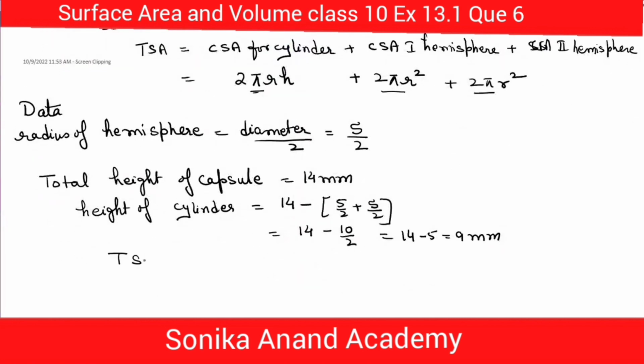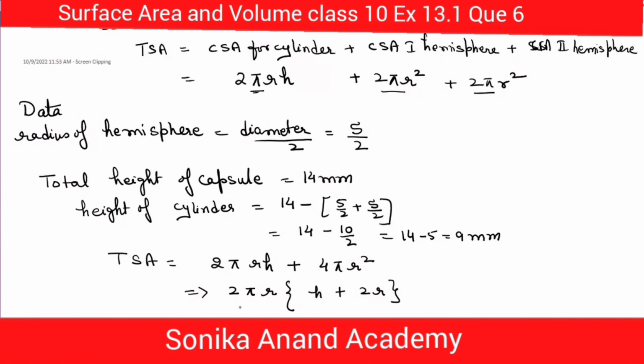So total surface area becomes, listen, firstly I want to make the calculation easier. 2 plus 4 pi r square, I take common because the radius are same, 2 pi r, that is h plus 2r.